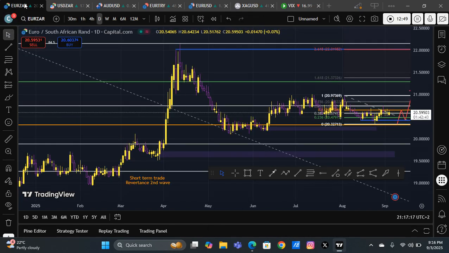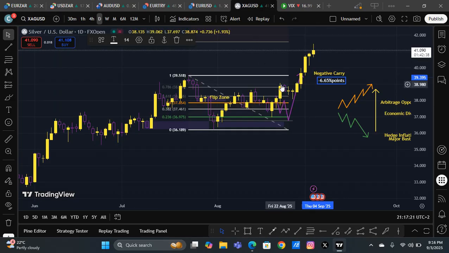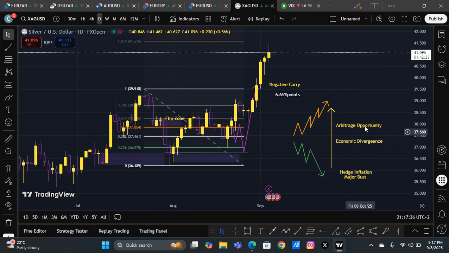So for traders who are willing to take this economic divergence that happens every year, this is just the secret that you end up having when you trade market fundamentals, economic divergence, arbitrage trading, hedge inflation. Those are things that repeat themselves.